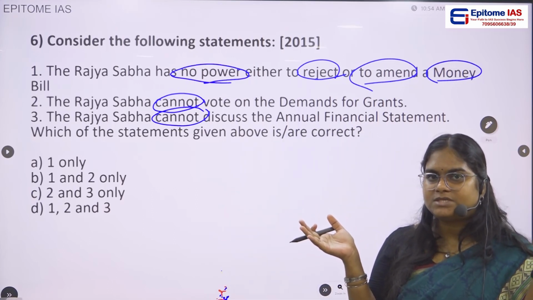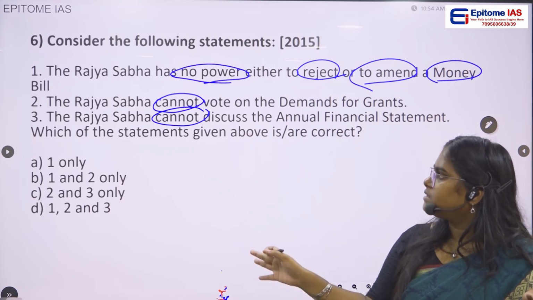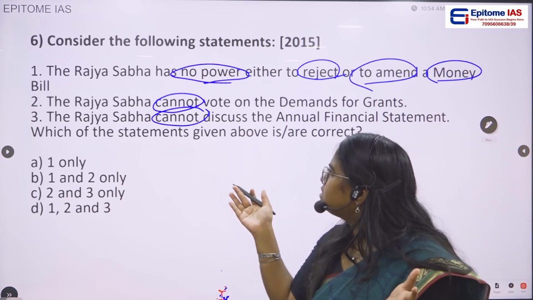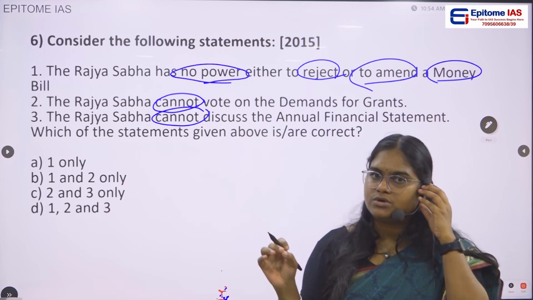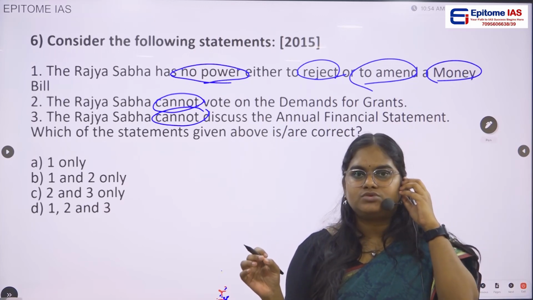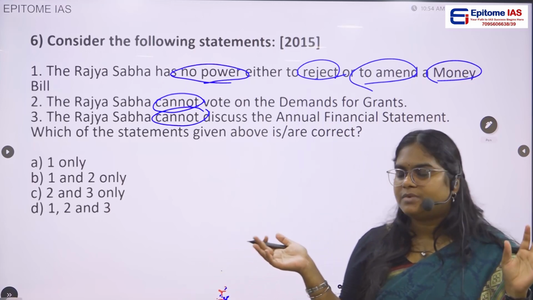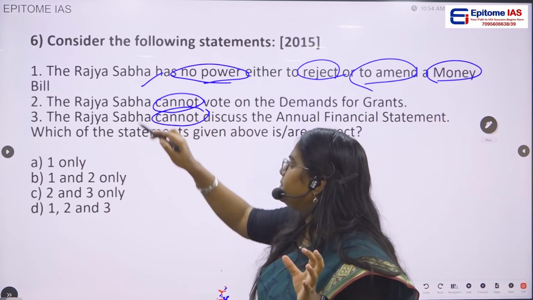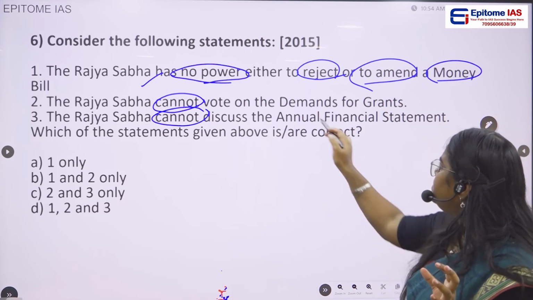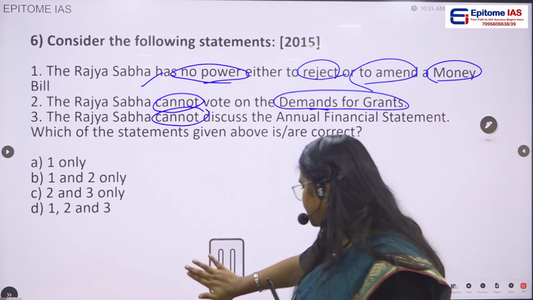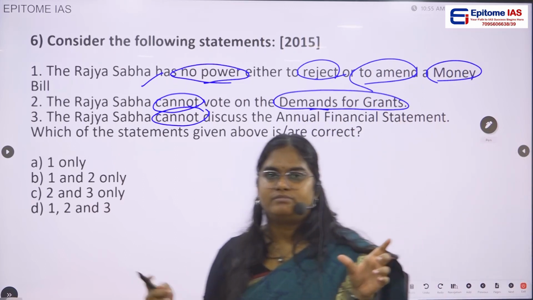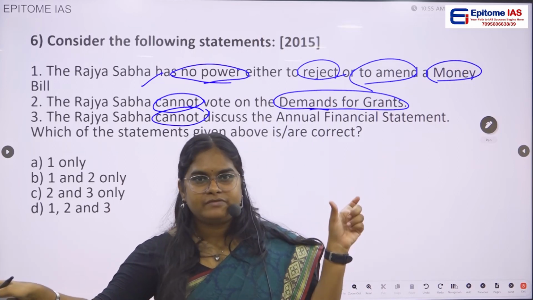It has some special powers compared to the Rajya Sabha. So the first statement says Rajya Sabha has no power either to reject or amend the money bill. Yes, this is true. Then the Rajya Sabha cannot vote on demands for grants. So during the passage of the budget, we will be having the demand for grants.